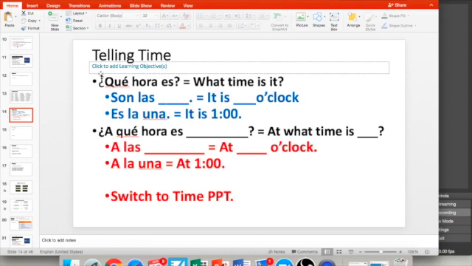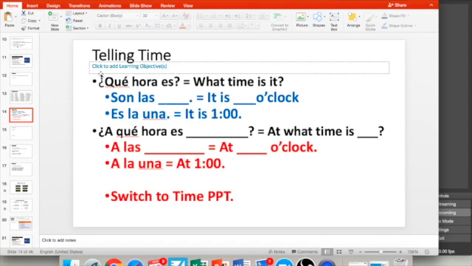So for example, son las dos, it's 2 o'clock. Son las tres, it's 3 o'clock. So on and so forth. So again, if it's 1 o'clock, we use es la una. That's it. That's the only time you can ever say es la, as if it's 1 o'clock. For everything else, we use son las and then the number.